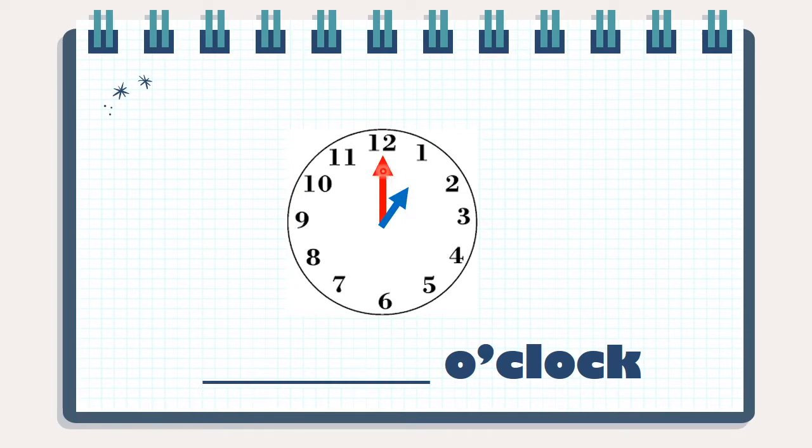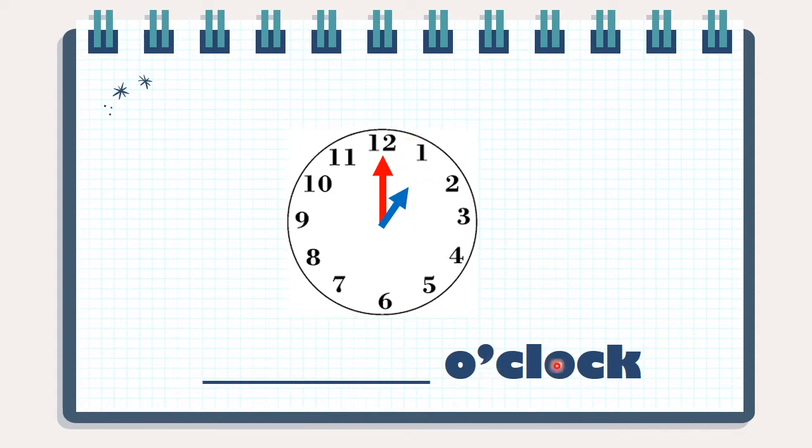If you see the long hand is pointing to number 12, we should use o'clock. Alright then, what should we fill in the blank? We should look at the blue arrow or the short hand.